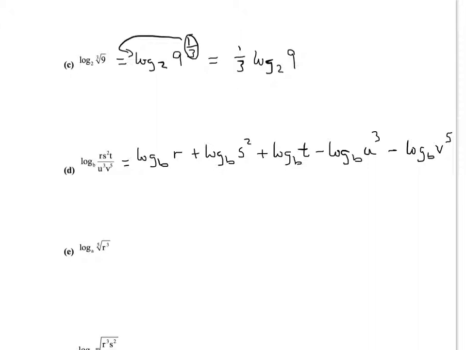I look now and I have a few terms that have exponents on them. I simply need to pull these down to the front and get rid of the exponent. So that's going to be log base b of r plus 2 log base b of s plus log base b of t minus, let's pull down this 3, and it becomes minus 3 log base b of u minus 5 log base b of v.